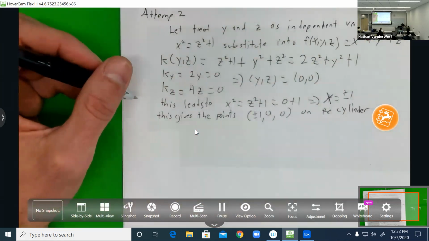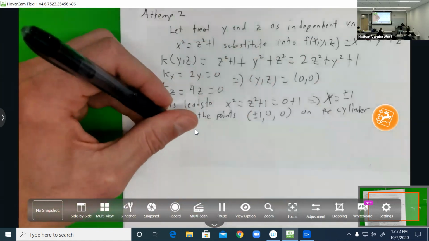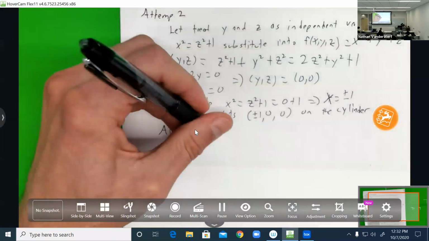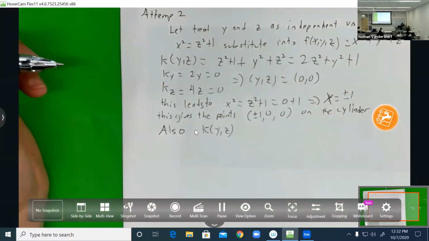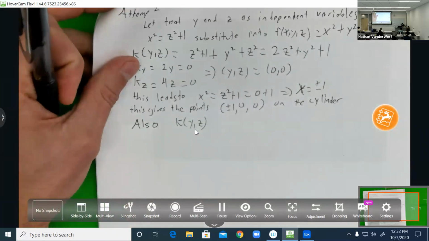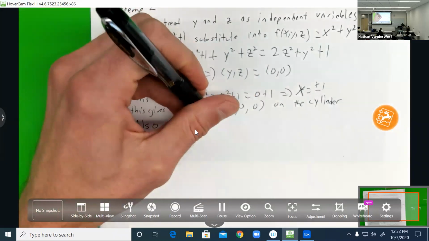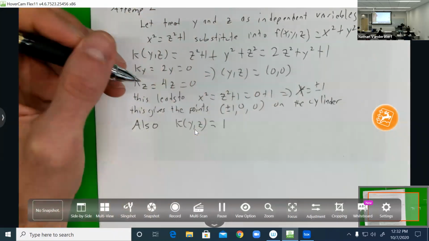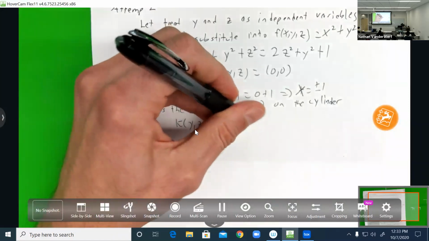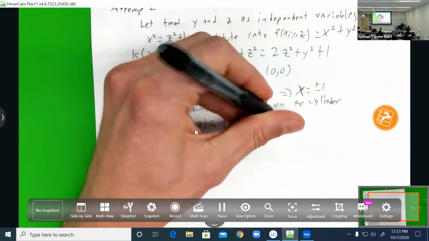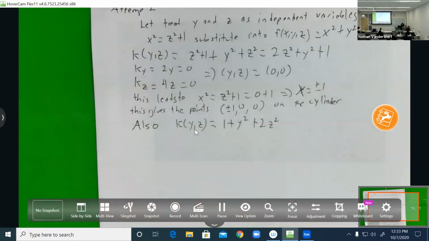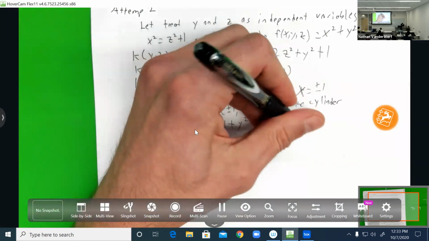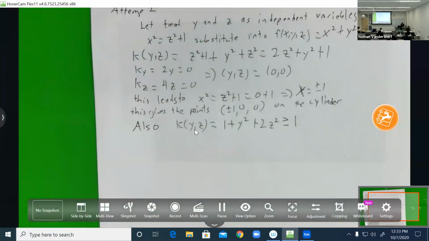We can also make this argument that k of y comma z, the thing we're trying to minimize, with x squared being z squared plus 1, is going to be equal to 1 plus y squared plus 2z squared. What we're doing now is trying not to use the second derivative test if we don't have to. But we can just notice that this is always greater than or equal to 1, right?